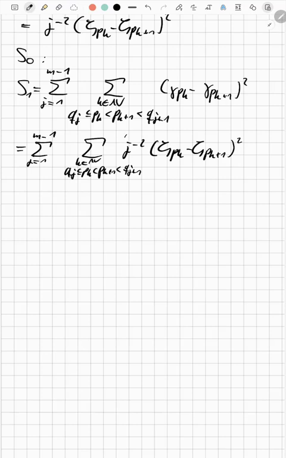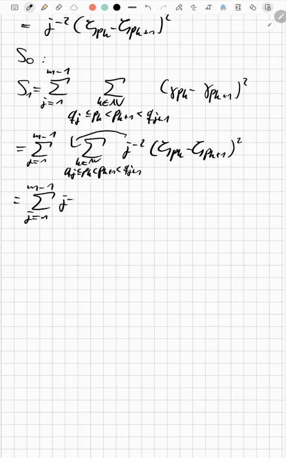Now we can pull this j to the front, and we can then use an inequality. We can make this bigger by taking the supremum of this over all possible finite subsequences pk. And we do this to get an inequality which uses the norm somehow. So this is the same as this sum.